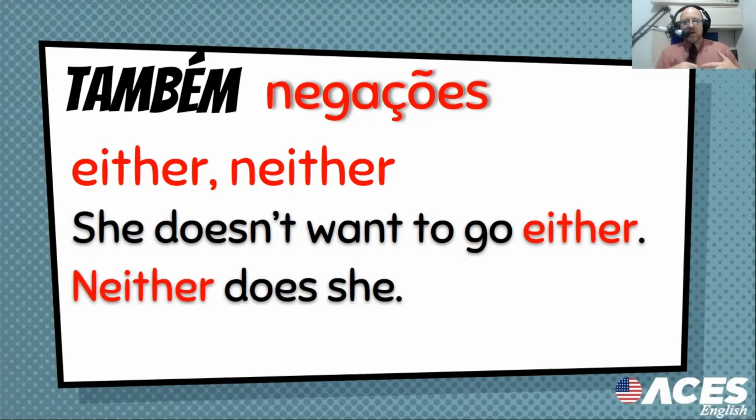To say me neither, her neither, him neither, I think it's possible, but it's not used. But me neither is used a lot. So this is simply the form of the grammar. Neither does she, neither do we, neither does he. You can use me neither, but it sounds extremely strange to use any of the others, her neither or him neither or any of the others.